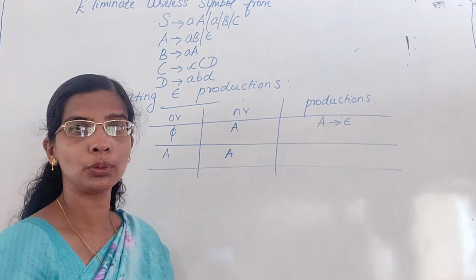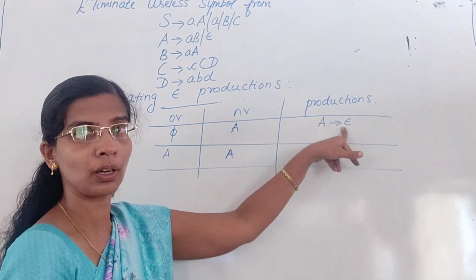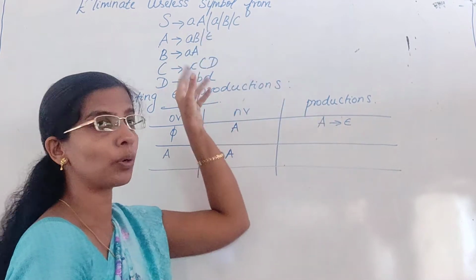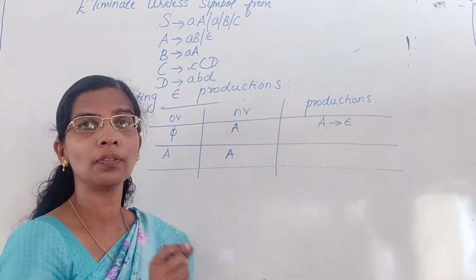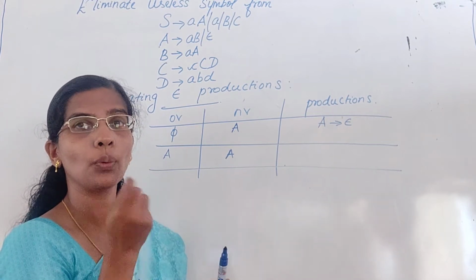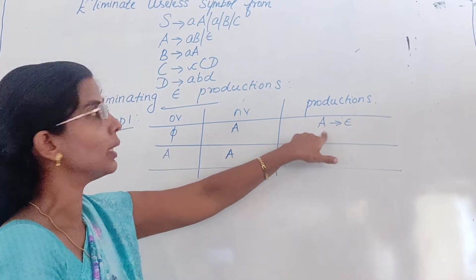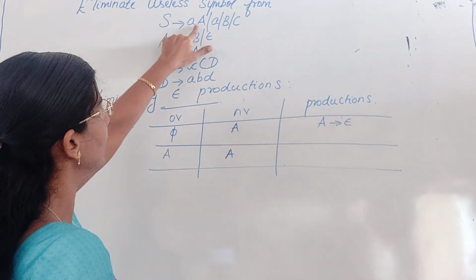Now you have to substitute this epsilon in the remaining productions and check whether you get only epsilon in the RHS. What is the variable? A. Where do I have this A? Here.